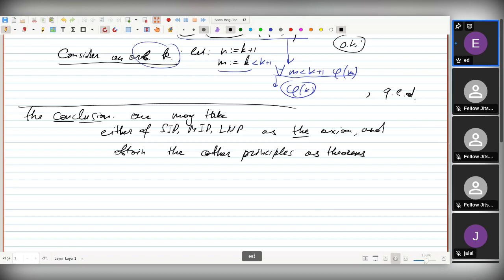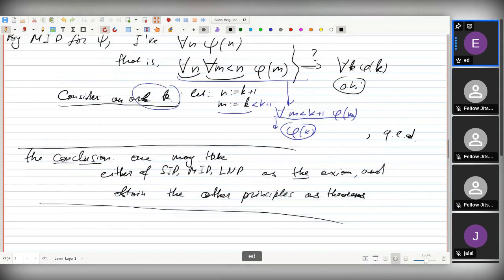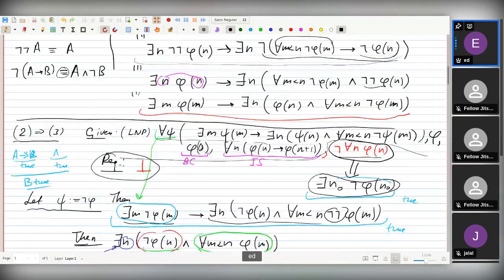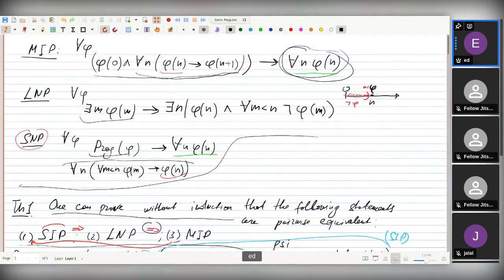So you are free to use whatever principle you like. They are logically equivalent. Any one of them, say MIP, is enough to be taken as an axiom. Is it clear?